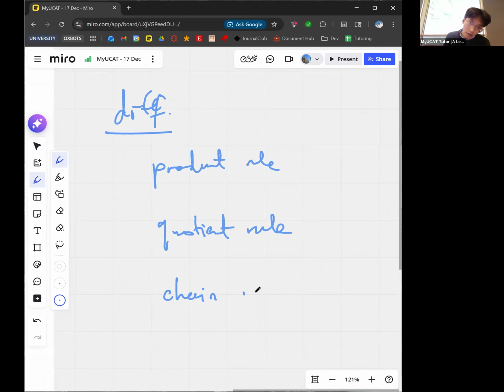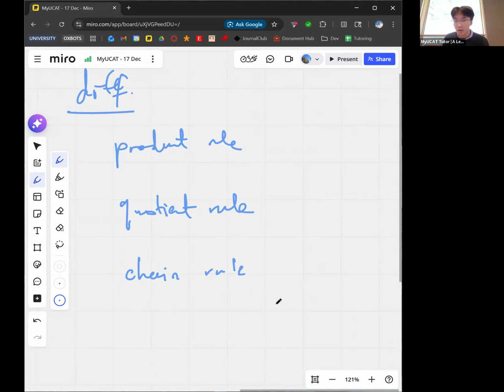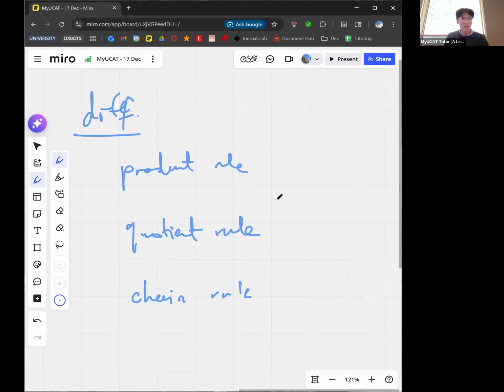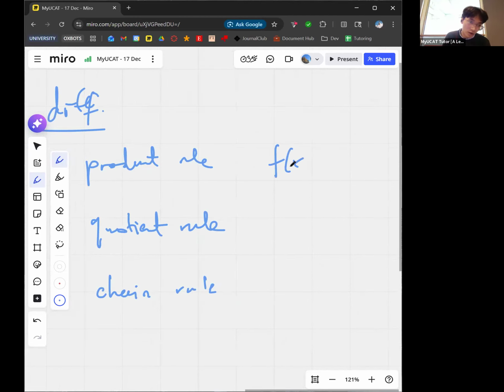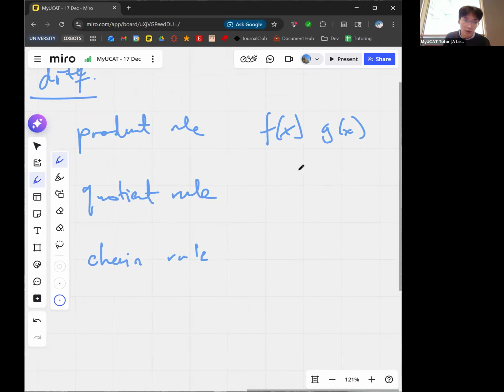And so when you're spotting a new exam question, you want to think, okay, have I got two functions that multiply together? That's a product rule. Have I got a function where it is f of x over g of x? Then that's the quotient rule. Or is it the chain rule where I have a function of a function?